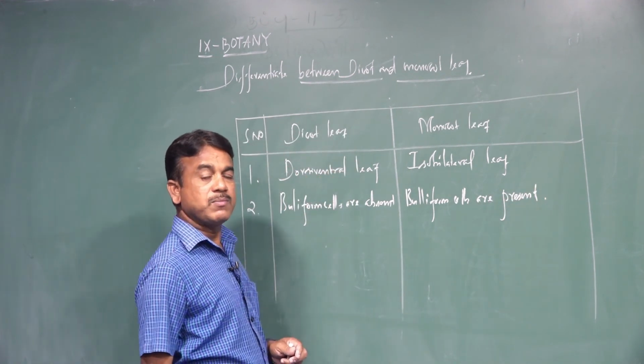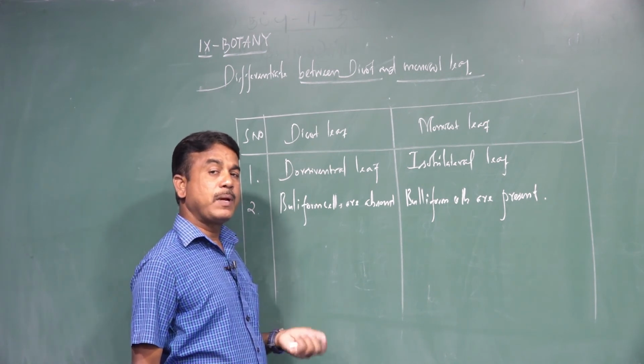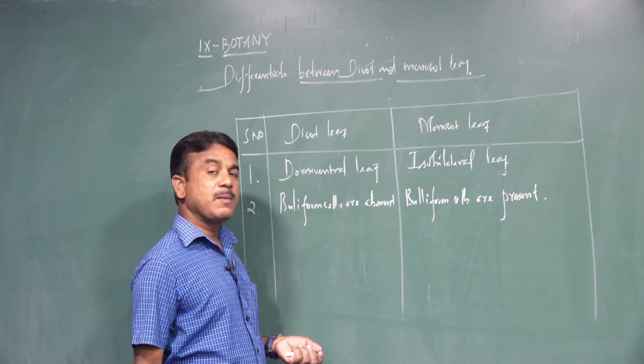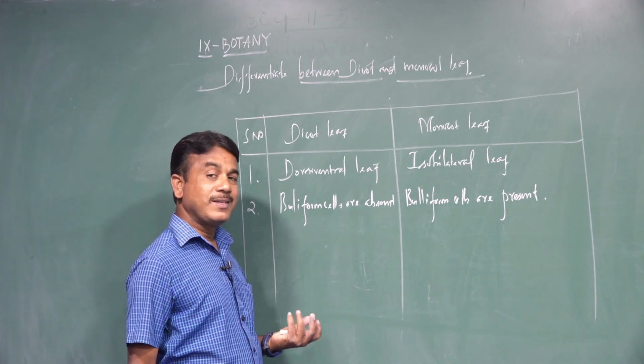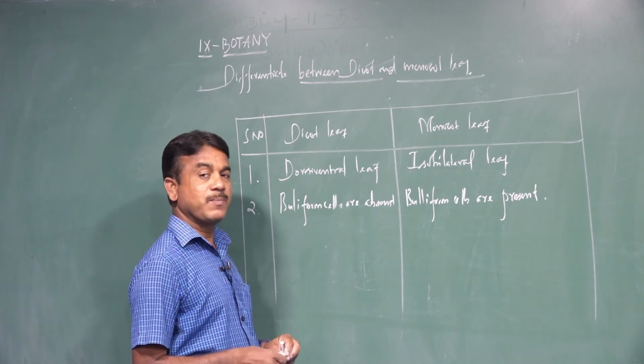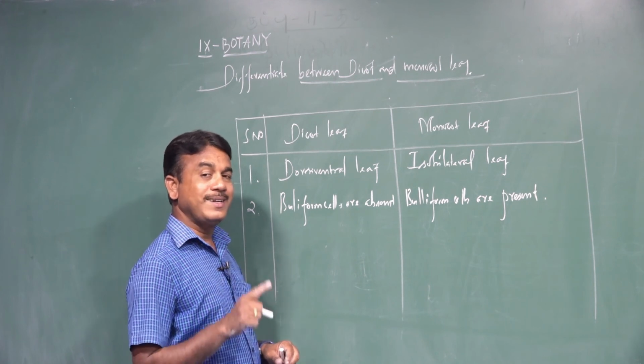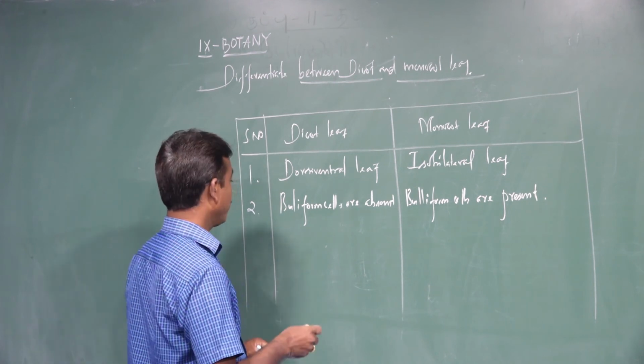So what are bulliform cells? In monocot leaf, in the upper epidermis, some of the parenchyma cells are much larger in size, swollen cells. That is commonly called bulliform cells. Bulliform cells are generally present in monocot leaf, and generally absent in dicot leaves.